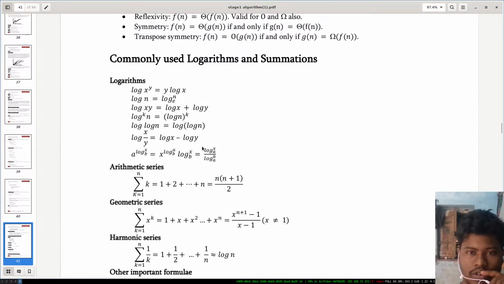Now commonly used logarithms and summations. Okay, now logarithm: log x, log base x. Now I'm stuck. Okay, log x to the power y means y log x.